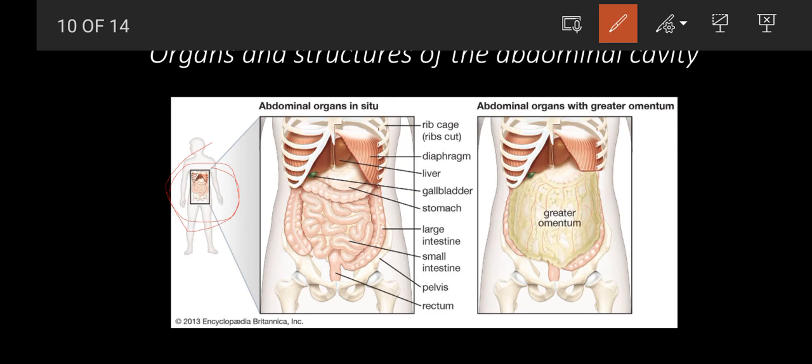So we have the rib cage. These are ribs cut. Then there is the diaphragm, the liver, the gallbladder, this green thing here, the stomach, the large intestines, the small intestines, the pelvis, and the rectum. So here, on the other one, is the greater omentum.